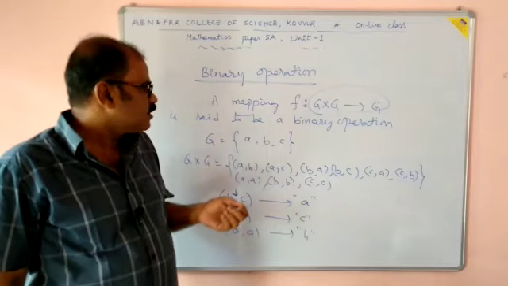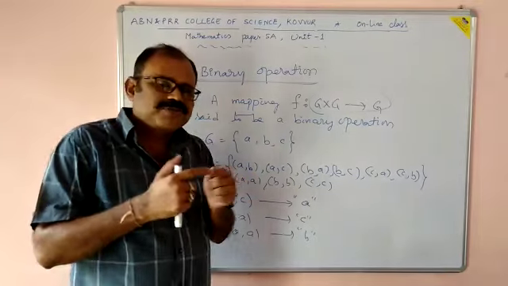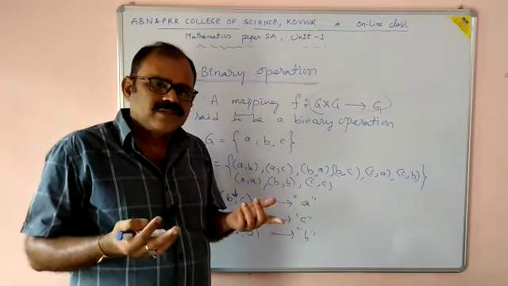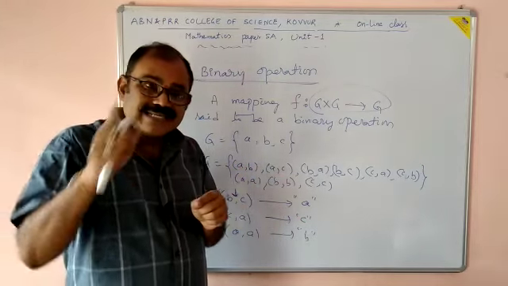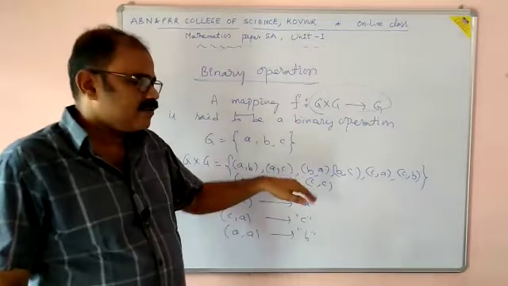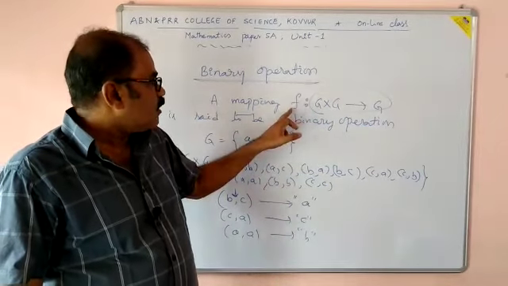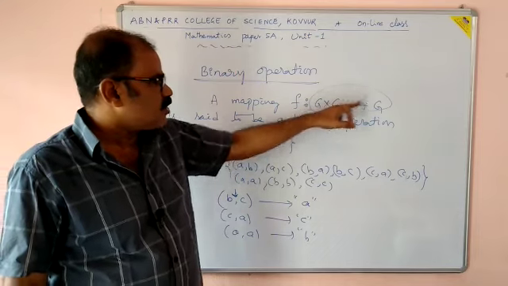We pick up two elements, perform an operation between those two, which may be an arithmetic operation or something else, and you will get a single element. So, a binary operation is a mapping from G cross G to G.